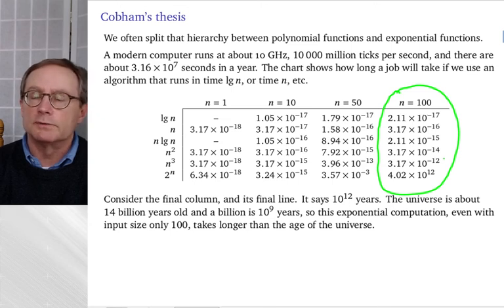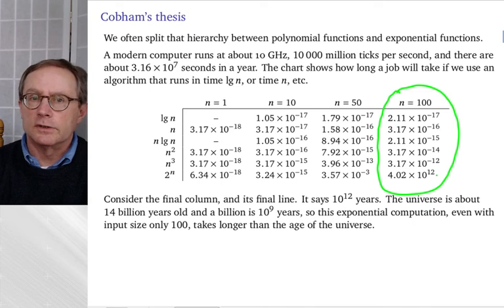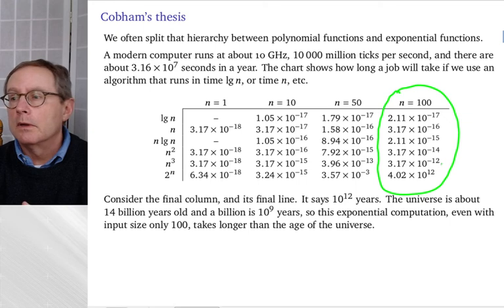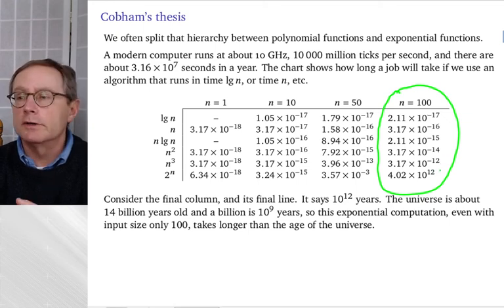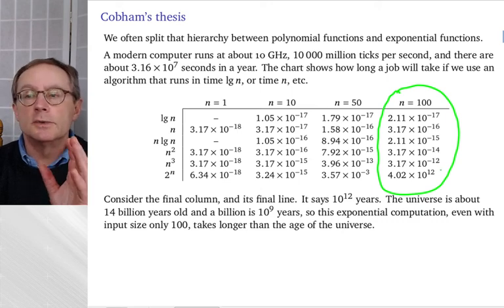the overall 3.17 times 10 to the minus 12 years is awfully small. And then on the bottom line, the exponential function, the algorithm whose time is exponential, will take 4.02 times 10 to the 12. That's not a typo. It went from 10 to the minus 12 years to 10 to the 12 years in one jump, in jumping from n cubed to 2 to the n.